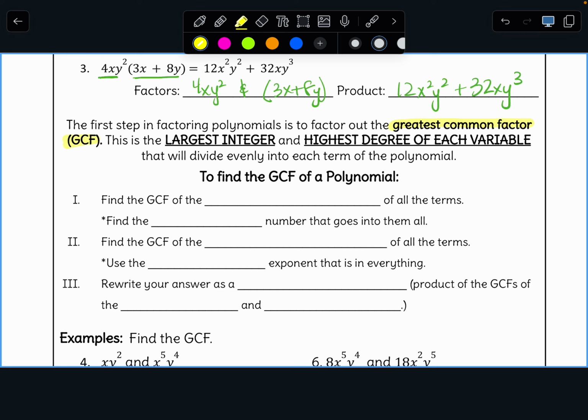The greatest common factor is going to be the largest integer and the highest degree of each variable that will divide evenly into each term. So the coefficients have to divide, and then it has to be the highest number of x's that I can get out of both things.